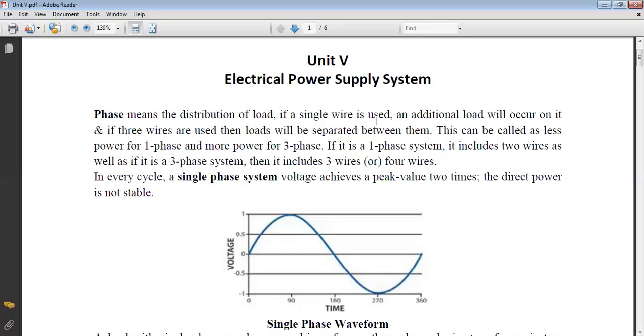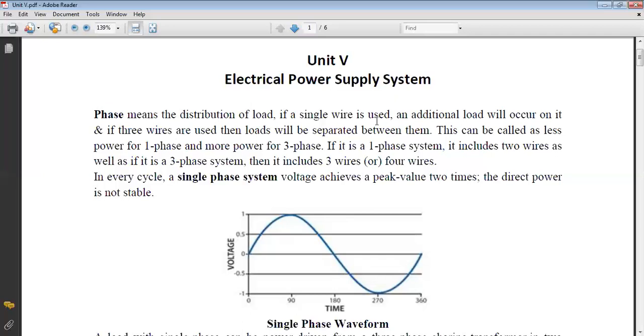Take the example of home appliances: we have only a single main line and another return path, which is the neutral line. One main line, another neutral line. This constructs the single phase.